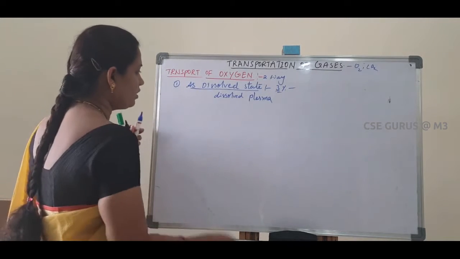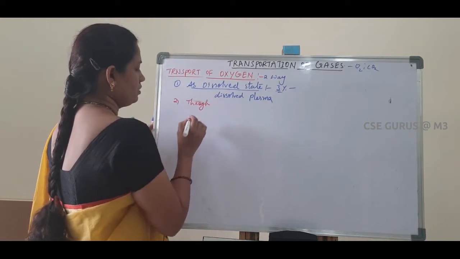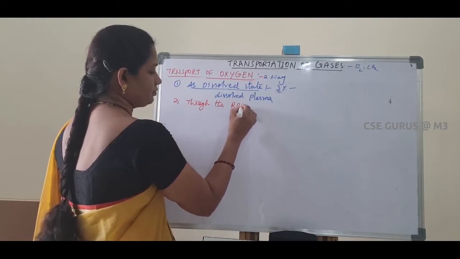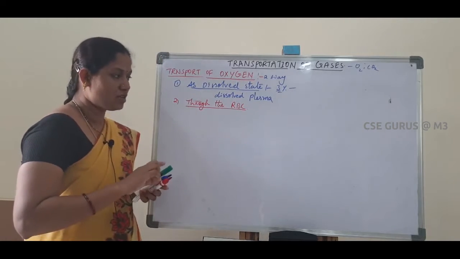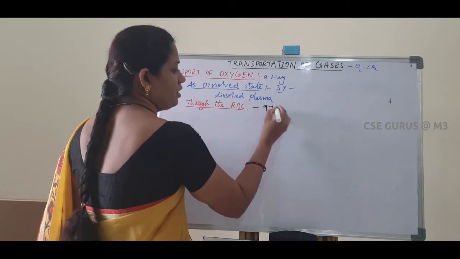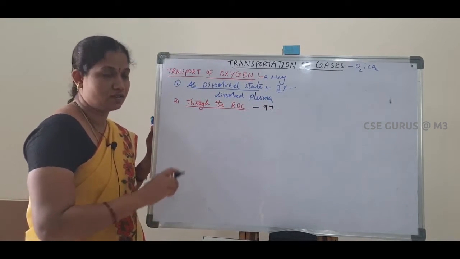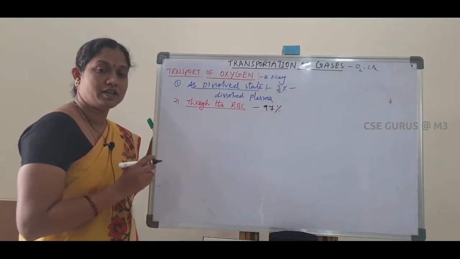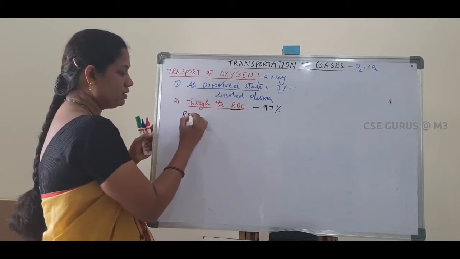Next, the second one is through the RBC. Through the RBC, a major amount of oxygen, nearly 97%, is transported. RBC means red blood cells.